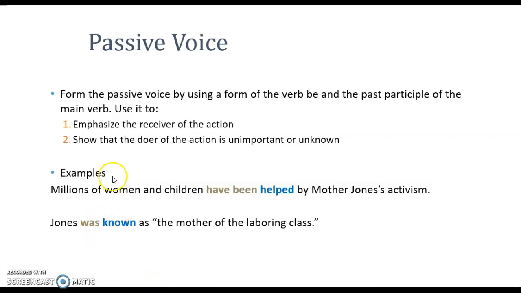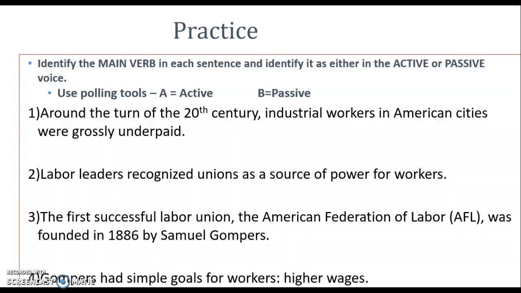All right, so we just talked about passive voice. These are two examples of using passive voice and when it might be appropriate. But here's what I want you to do. I'm going to do the first one with you. I want you to look at some sentences and identify whether or not they are passive or active.